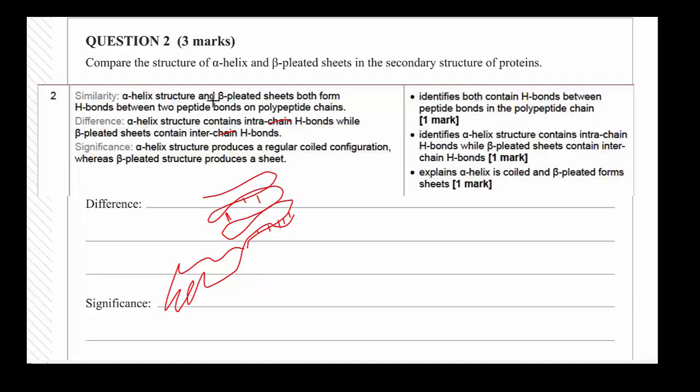Okay, so this similarity here, it's between two peptide bonds. They're on polypeptide chains. It's with amino acids. It kind of says two already.